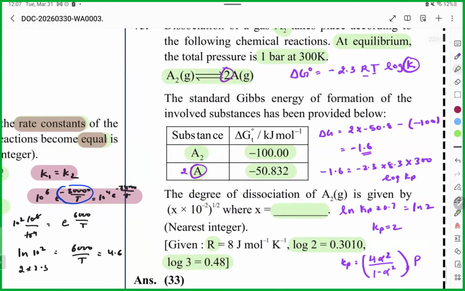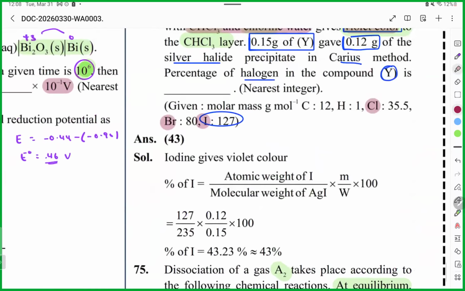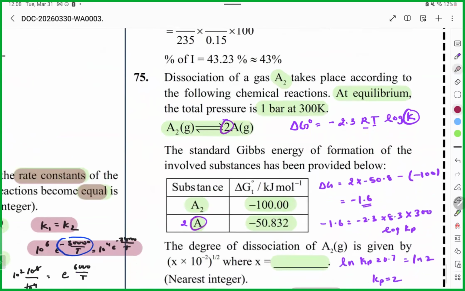Here, intentionally, they are giving multiple values so they can confuse you. Oh, you might need log 3 value also. You don't need. You need log 2 value but not log 3. Same here, intentionally they are giving you chlorine, bromine, iodine, because if they give iodine, automatically you will understand. Yeah, iodine is your product, right? If you observe the data, intentionally they are marking them. You will make a mistake when you look at the data.